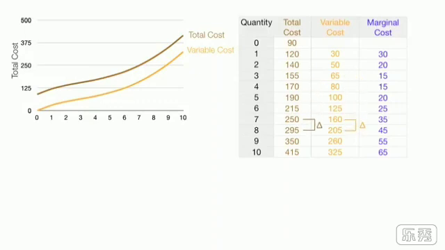This actually proves it numerically. So it turns out that the change in total cost is equal to the change in variable cost. So the change in total cost divided by the change in quantity is equal to the change in variable cost divided by the change in quantity. And this equals marginal cost.